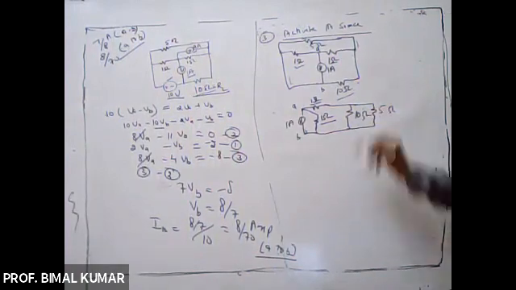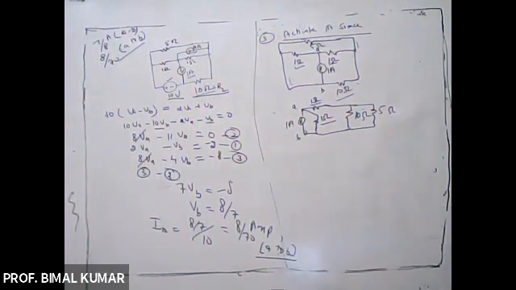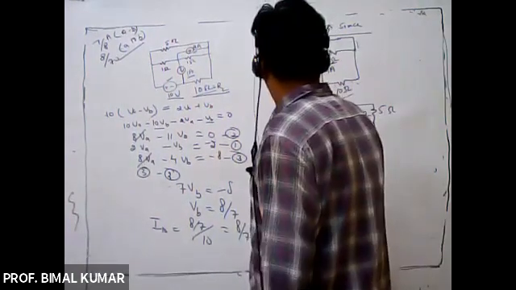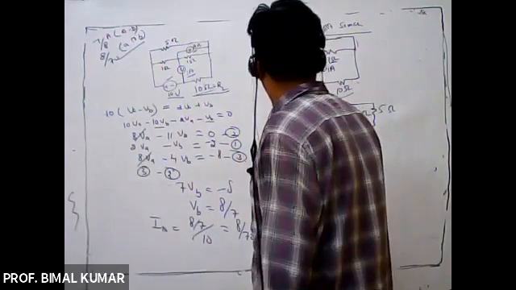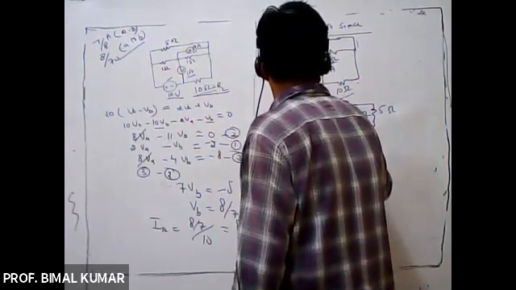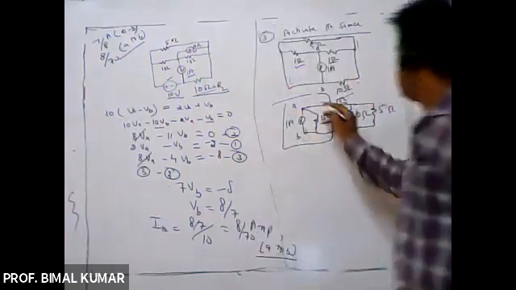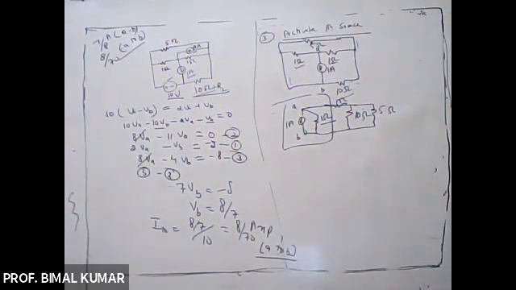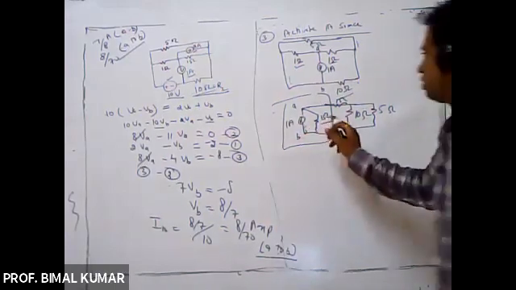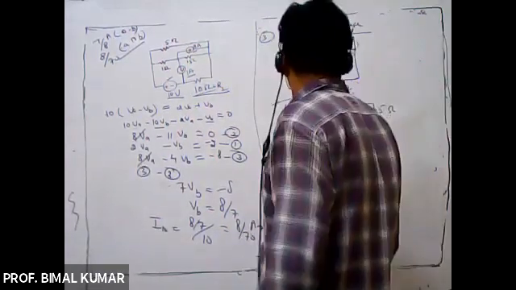So now this is the simple one, fine. So you may just reconvert it into voltage source. This current source is in parallel with resistance, so this may be converted into voltage source.